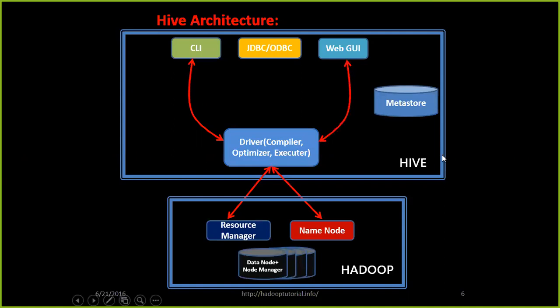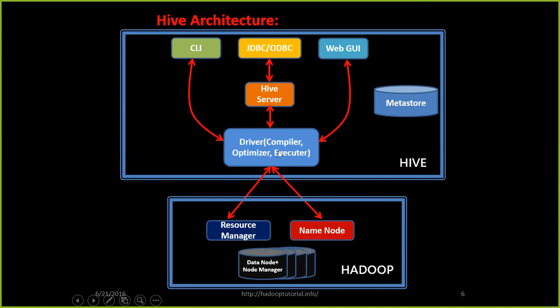Similarly, if you get a request from the WebGUI, it's the same flow. And even if it is from JDBC or ODBC, we'll have something in between. We need a Hive server running for JDBC and ODBC clients, because you don't know when your Java program will be submitted to your driver.